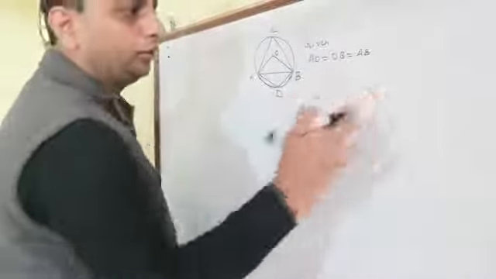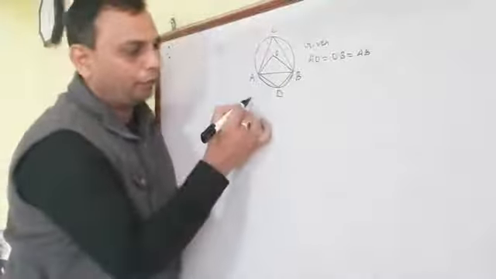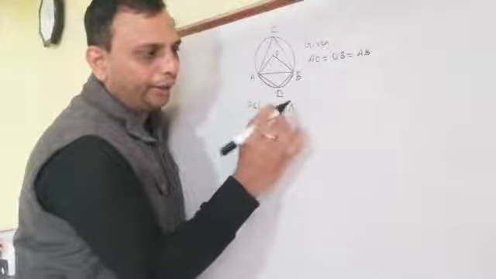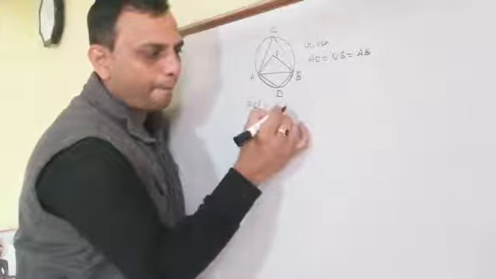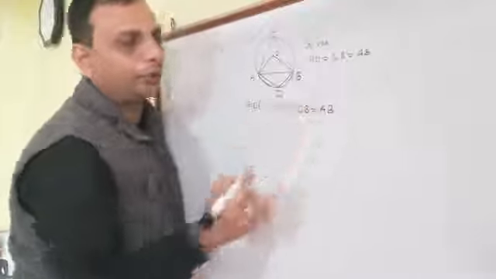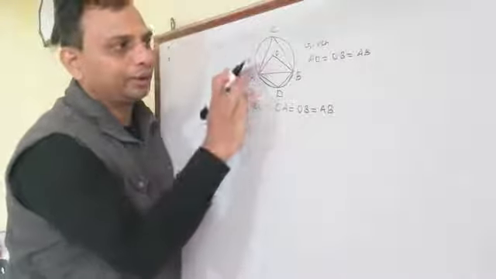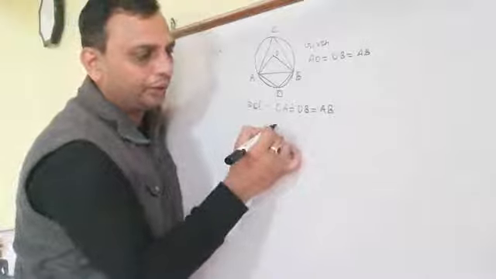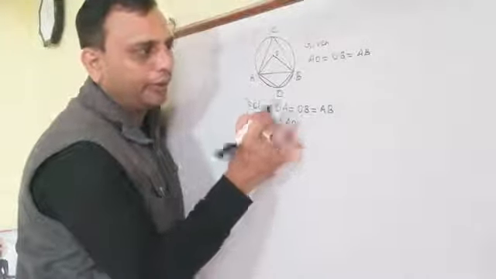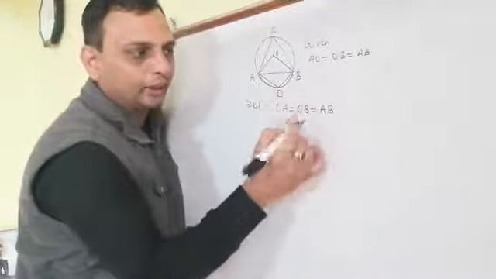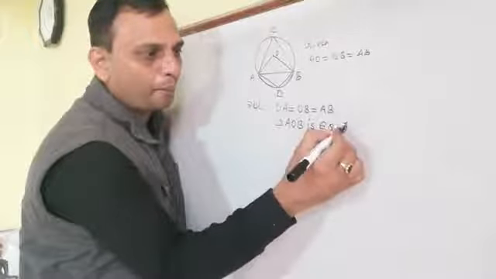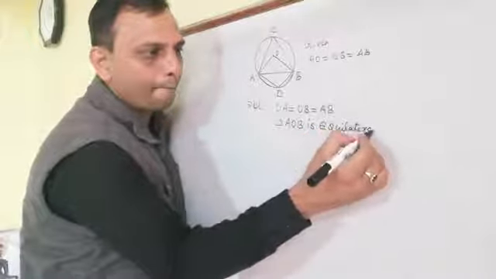Understood now? So now solving this question, we will take here OA is equal to OB is equal to AB, if all are equal to R. Triangle AOB, if all sides are equal, then triangle AOB is what?